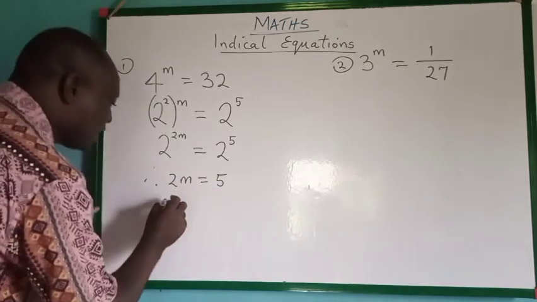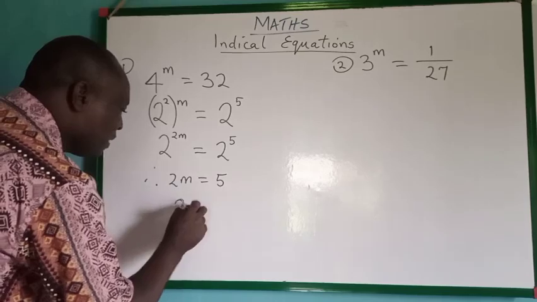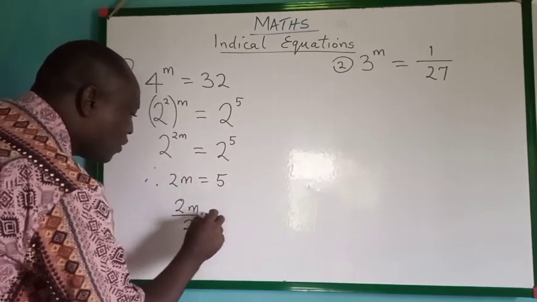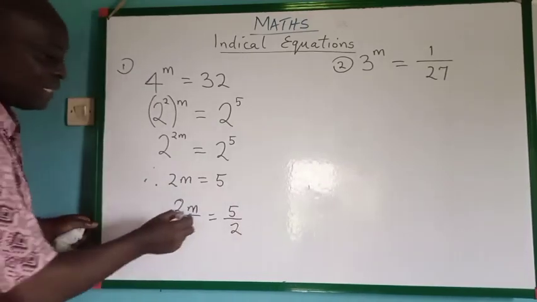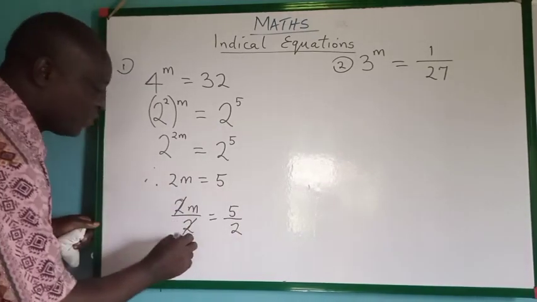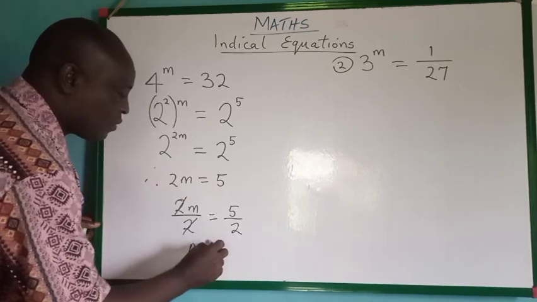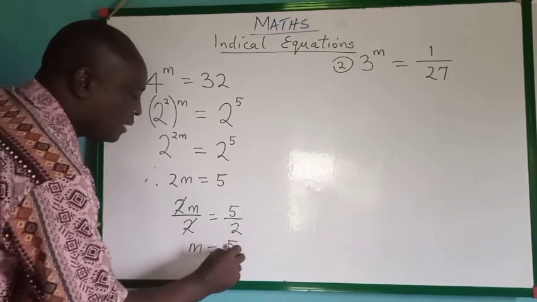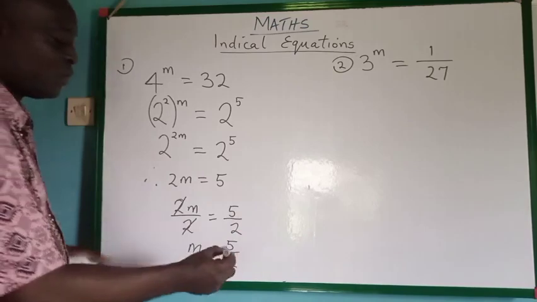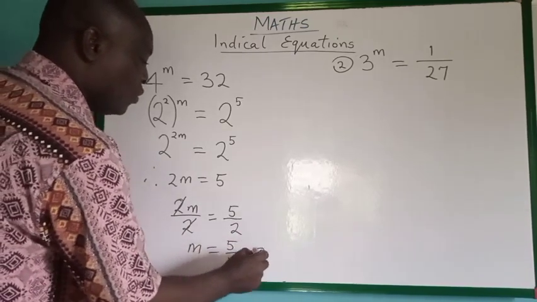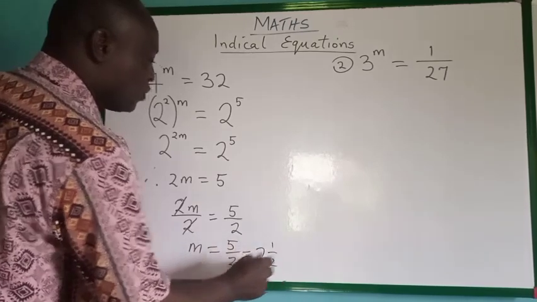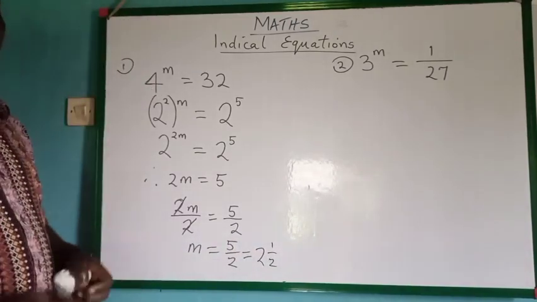So I will say 2n divided by 2 is equal to 5 divided by 2. These 2 cancel, leaving n alone. n is equal to 5 over 2. If I want to express this in mixed numbers, I can say 2 whole number 1 over 2 is the value of n.